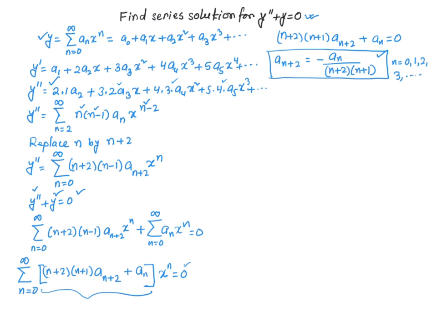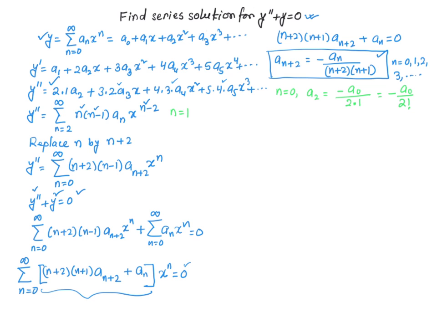So when n is equal to 0, I'm going to get a sub 2, because 0 plus 2 is 2, is going to be negative a0 over 2 times 1, or negative a0 over 2 factorial. Now for n is equal to 1, what am I going to get?